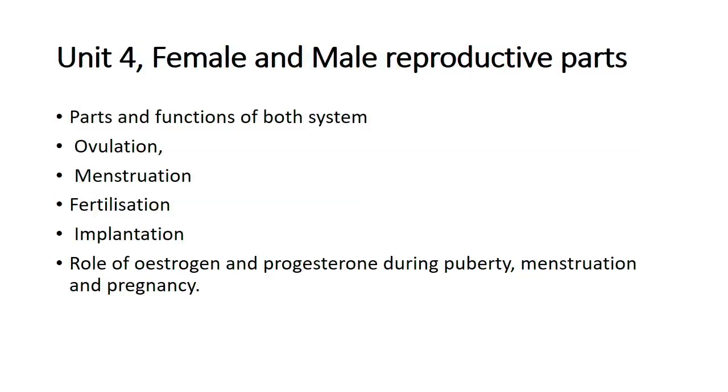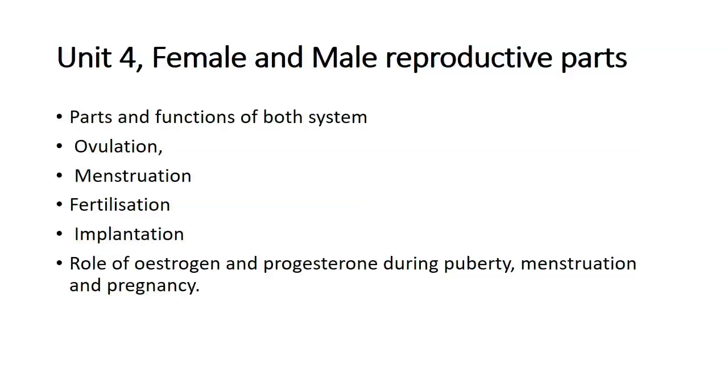For example, estrogen during puberty in females stimulates the development of breasts, the widening of the hips, and the development of pubic hair. That is the effect of estrogen and progesterone during puberty.